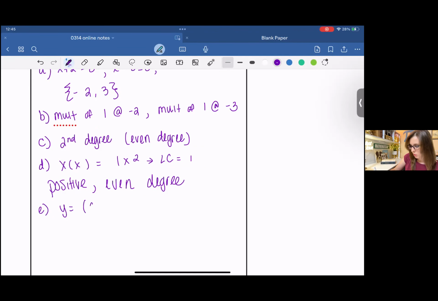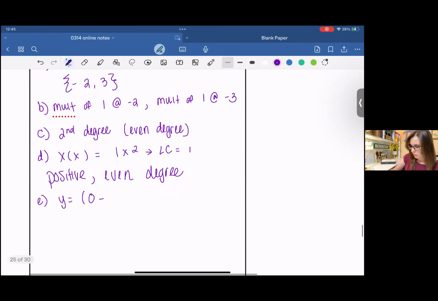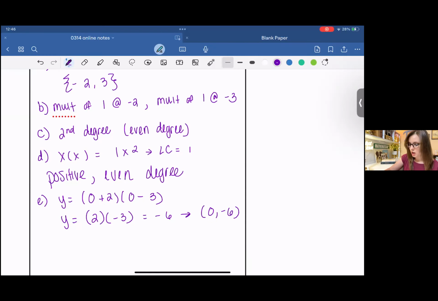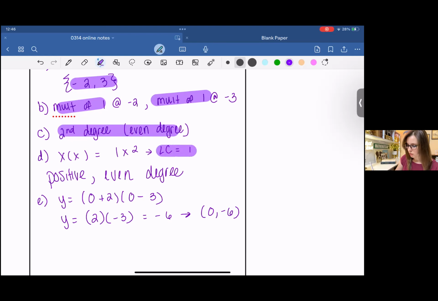The y-intercept is when x is 0, so 0 plus 2, 0 minus 3, and we get +2 times -3, which is -6. So that is (0, -6). So I have very important information here. I've got x-intercepts, I've got multiplicity, I've got even degree, positive coefficient, and a y-intercept.